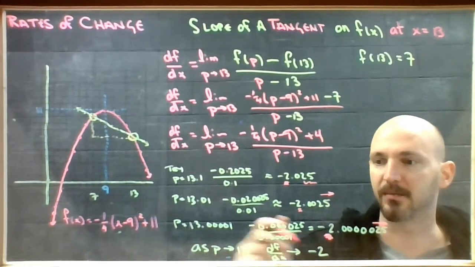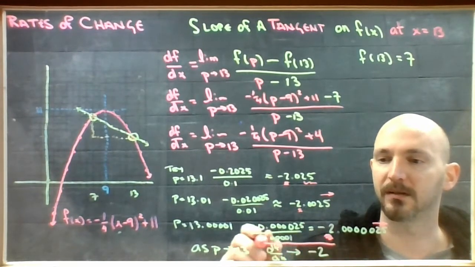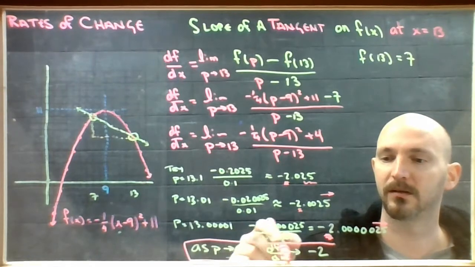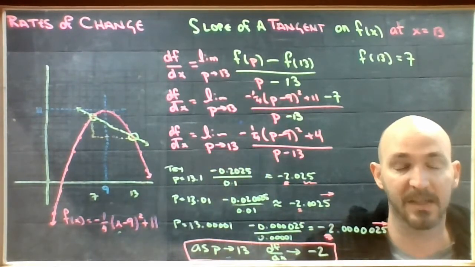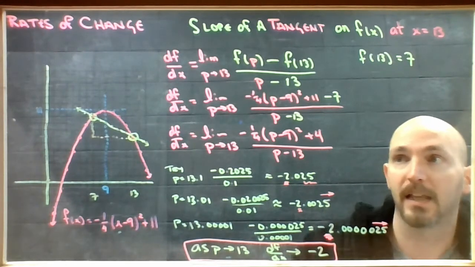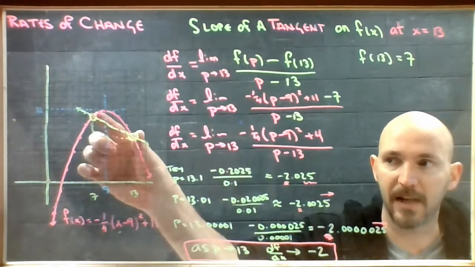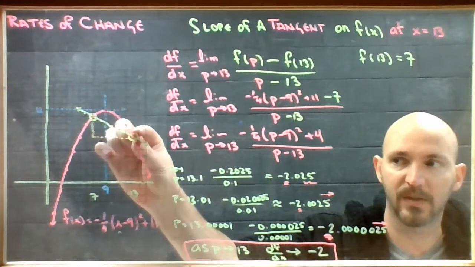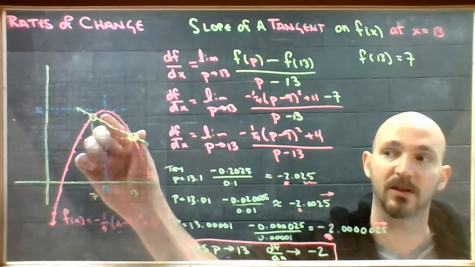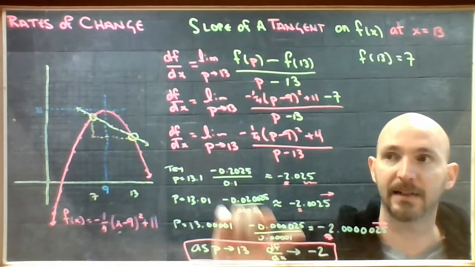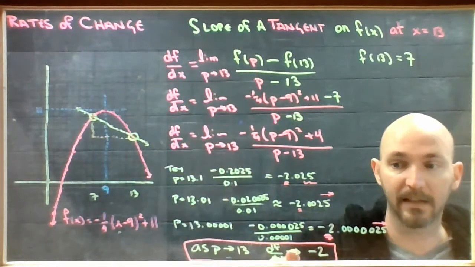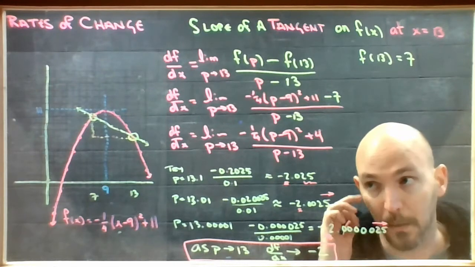Let me just put that in the box for you. So I took this thing, which was the slope of a secant, and I put in this limit so that I could make those secants ever and ever closer to each other, so that the start and the end point are basically on top of one another. And if I did that, I ended up taking a limit and getting a value of negative 2.